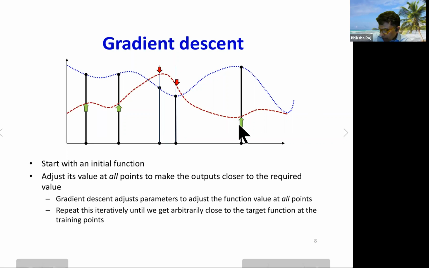So it will simultaneously try to minimize the error everywhere here, and here. Because it's trying to minimize the error over all of the training points, it's going to try to push up the function over here, because over here the function is below the target function. It's going to try to push up the function over here. It's going to try to push down.